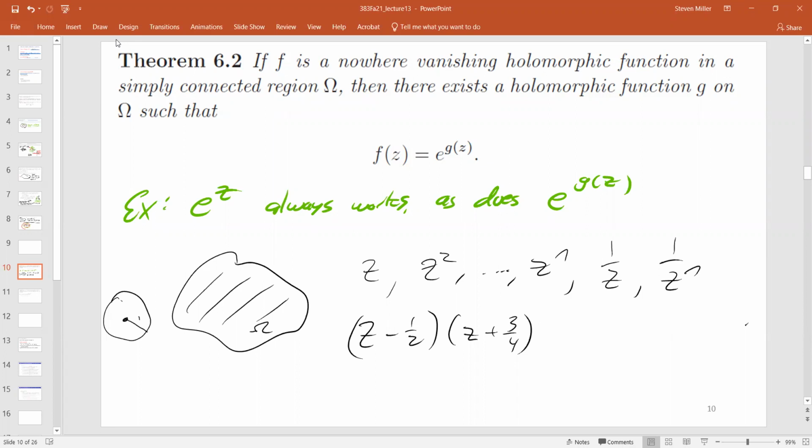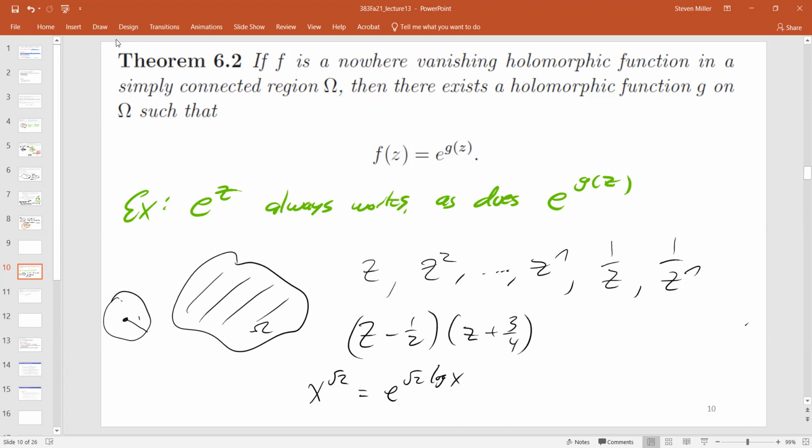No. So again, this is what I want to emphasize here. There should be some value added for coming to class. When I give you functions like this, I can write them as e to the g of z. Well, you might remember if I give you, say, x to the square root of 2, I can write that as e to the root 2 log x.